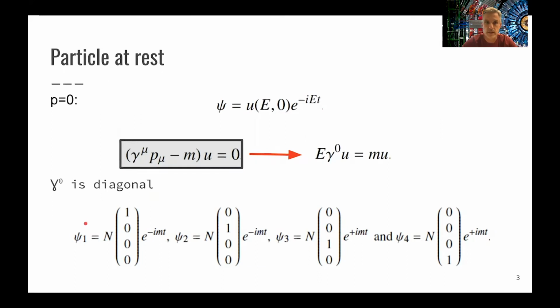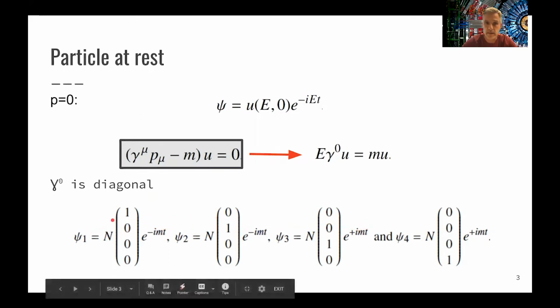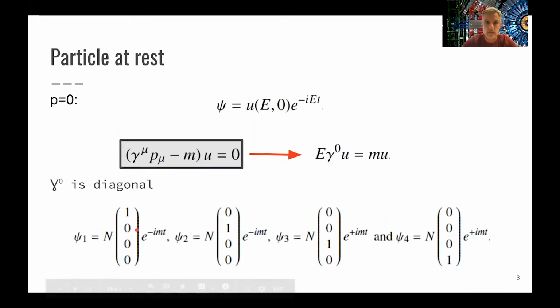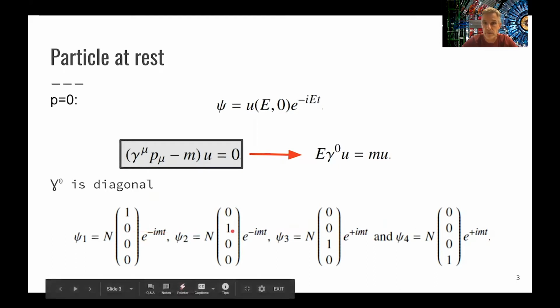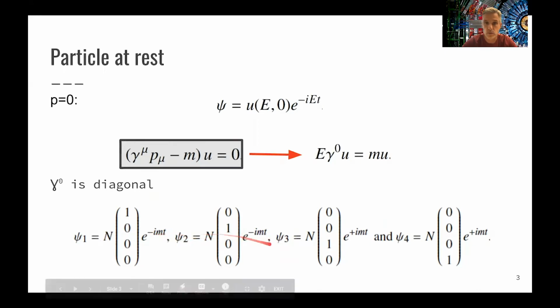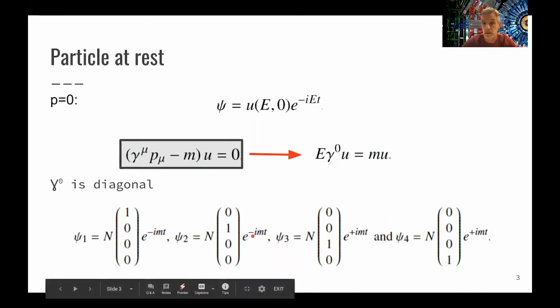So we find four different eigenstates, and they are orthogonal, and they look very similar. N here is just a normalization factor, which is the same for all four, and we find those four different values here. You find 2 with a negative sign in their exponent and 2 with a positive sign in the exponent.